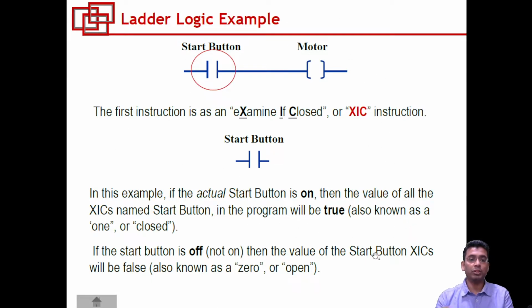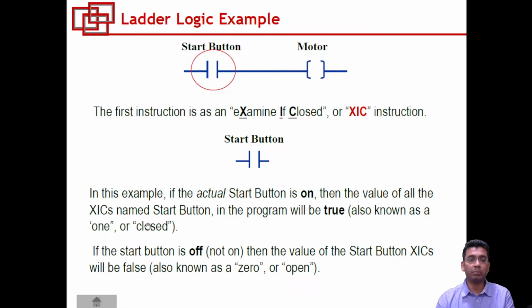So when you press the actual start button, what would happen? The value of all the XICs named start button. Why is it saying the value of all the XICs? That means it may happen that this start button is placed in this rung, say in the 4th or the 5th rung, or in the 20th rung, or say the 31st or the 32nd rung. There you may again have this start button. So all these start buttons connected to an XIC instruction will all be true, and hence they would energize the output associated with this start button.